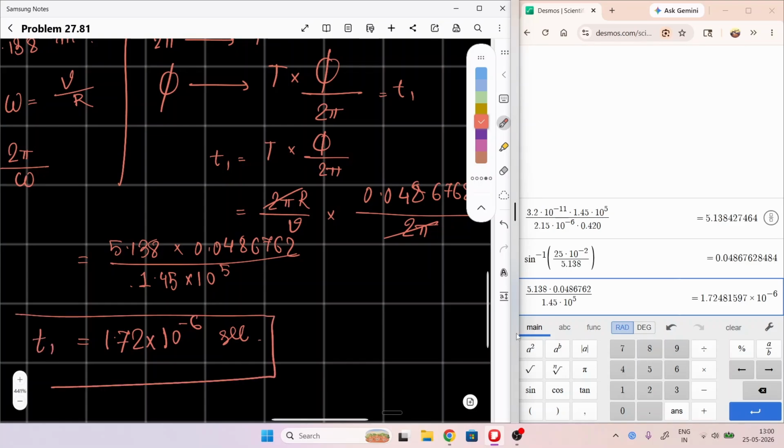So here is the second answer of the question. So we can also say that it is 1.72 microsecond.